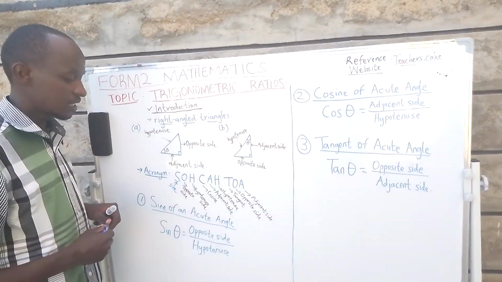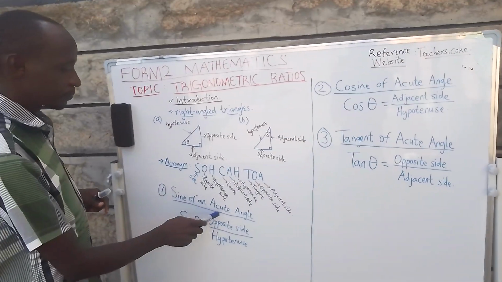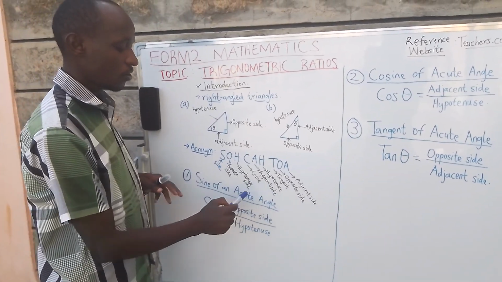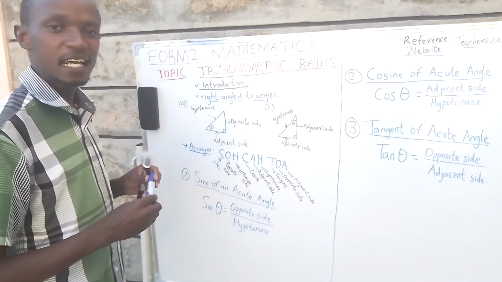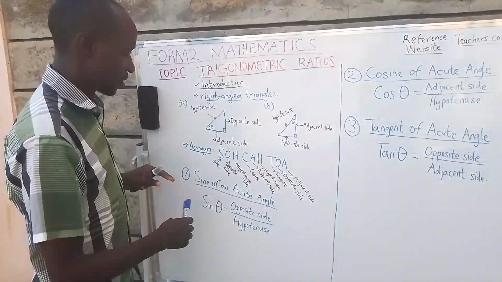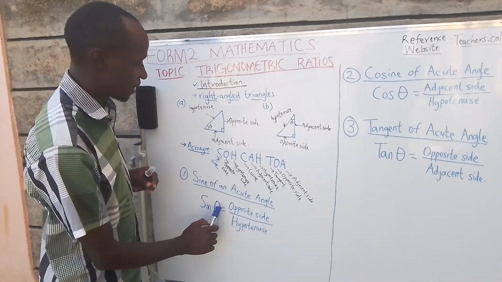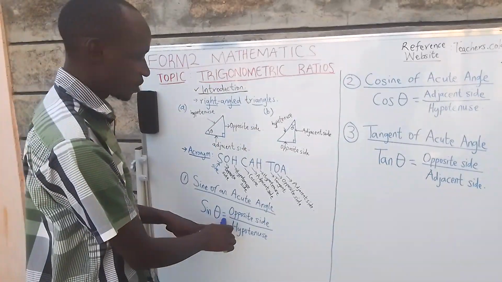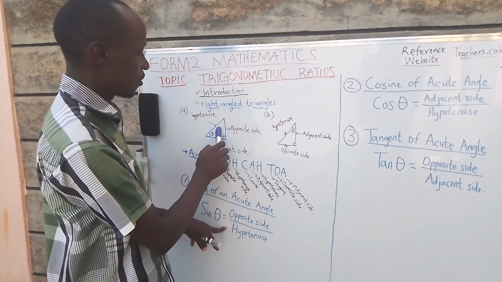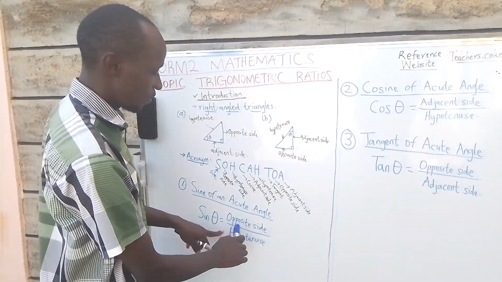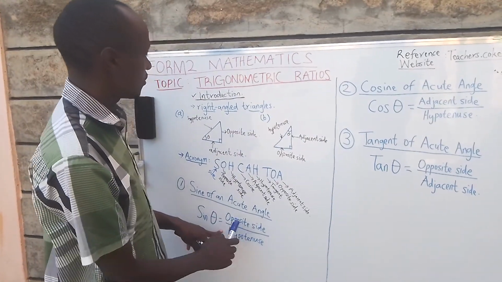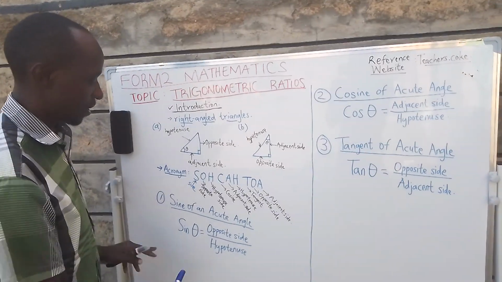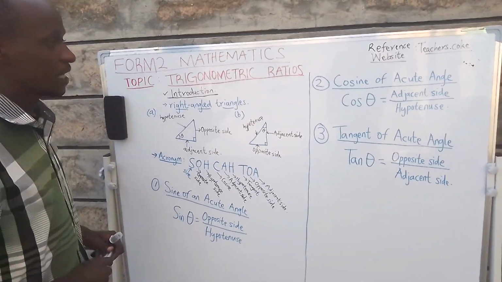So we begin with the trigonometric ratio, sine of an acute angle. An acute angle is an angle that is less than 90 degrees. When we have sine of theta, where our theta is here, we take the opposite side, which is here, and divide it by the hypotenuse side, which is the longer side, and we get the sine of theta.